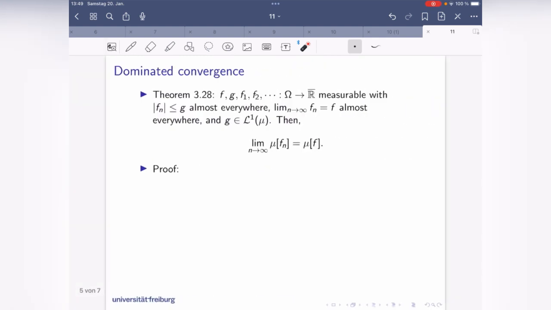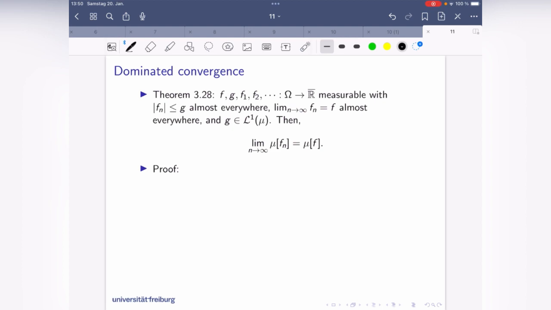Now let's come to the, maybe most frequently used convergence theorem, dominated convergence. We already had that. So we need this g here in the assumption, and we can now use the g. So how do we start here? Okay.